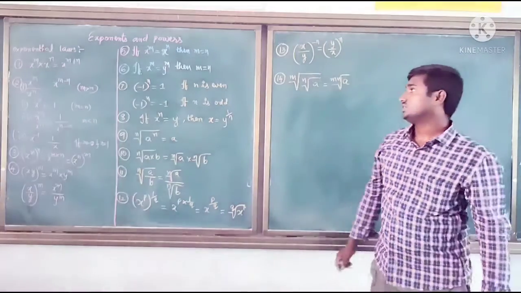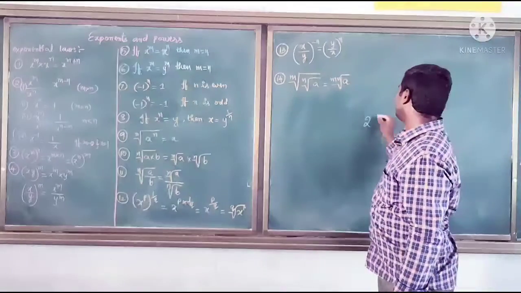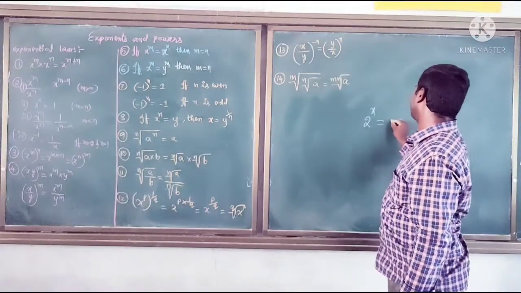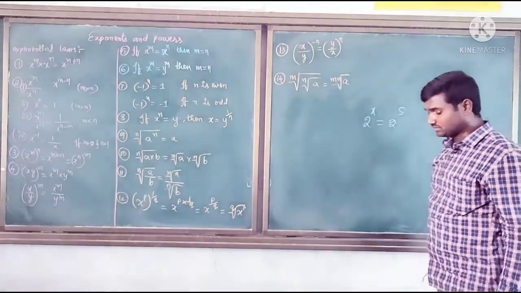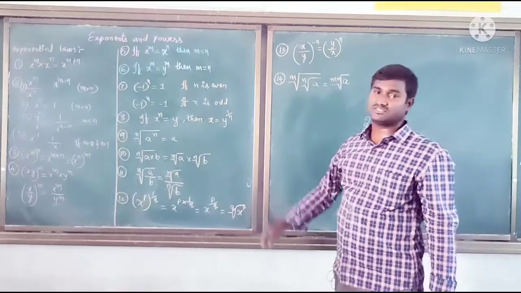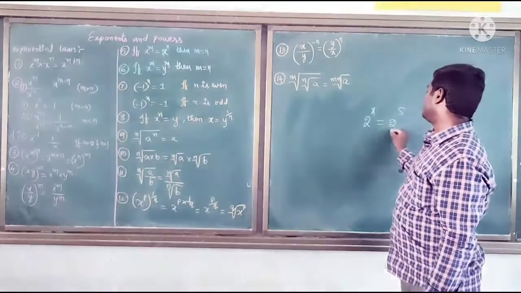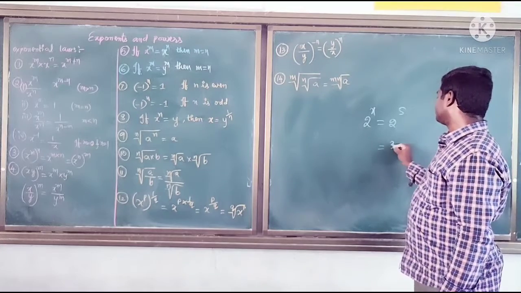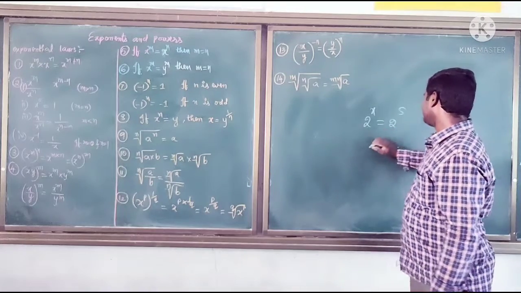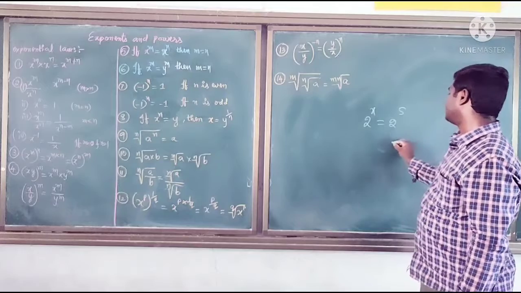See, suppose you take 2 power x is there, 2 power 5 is there. Okay, so both bases are the same. If both sides' bases are the same, the powers will also be equal. See, this 2 power 5 is how much? 32. Yes. So here this 2 power 5 value we got 32.